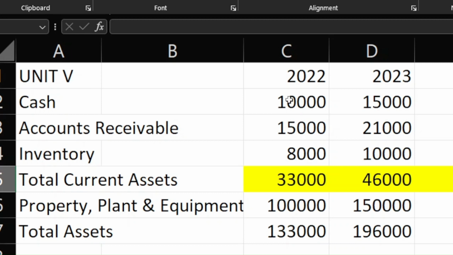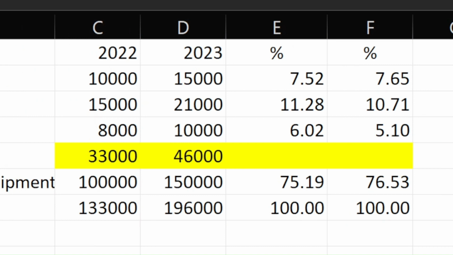In these 2 years, 2022 to 2023, how these assets, various current assets and fixed assets, changed in between these two periods. So that is the purpose of this comparative financial statements analysis.